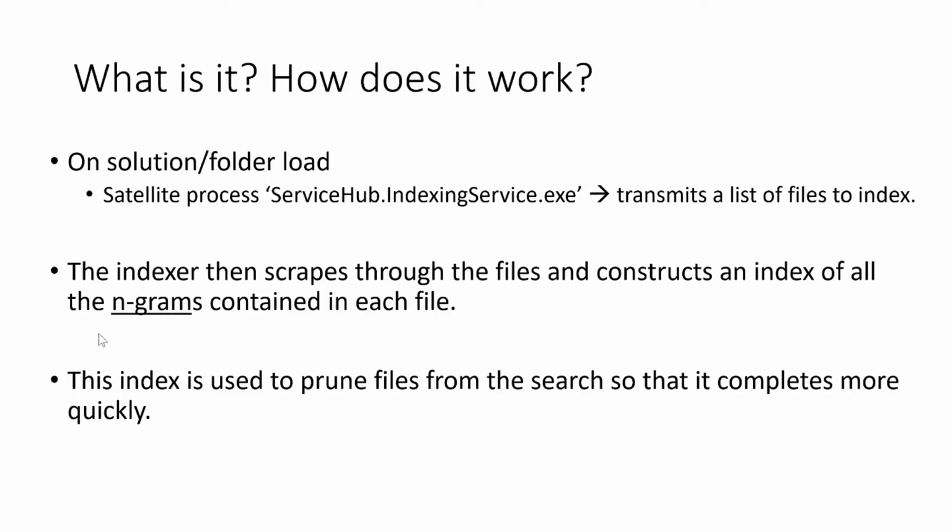Without getting too much into the nitty gritty of what's happening, the indexer will scrape through all the files and create an index of n-grams, which will allow us to basically lower the number of files that we need to search, which ultimately brings us that really efficient search experience that we want to see with find and files. So we lower the number of files, which ultimately then will output the results in a much quicker way. So I have two really quick demos about what this can look like.